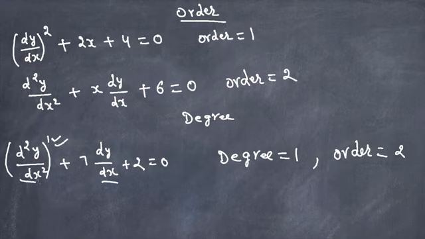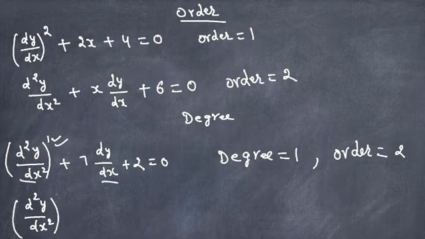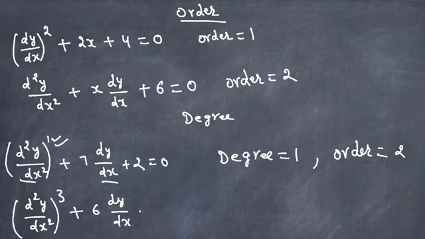Let me write down another example, that way you will see the difference. So if I have, let's say, (d squared y over dx squared) raised to power 3 plus 6 dy over dx plus 4 is equal to 0. What is the order?